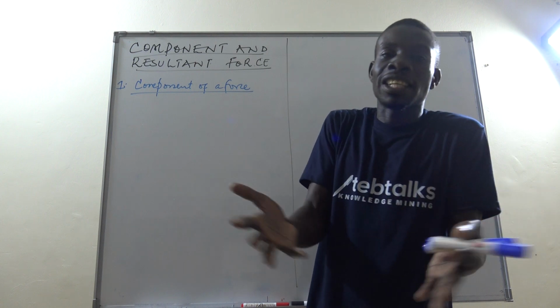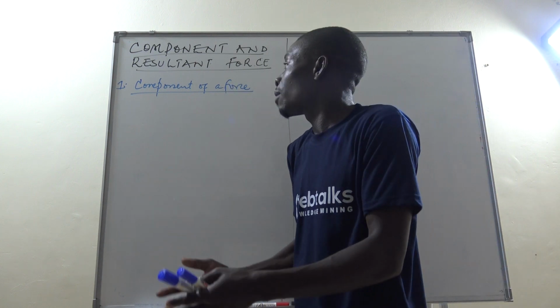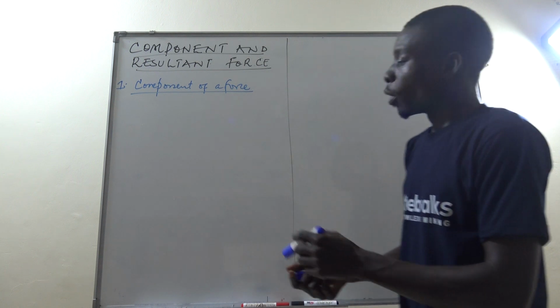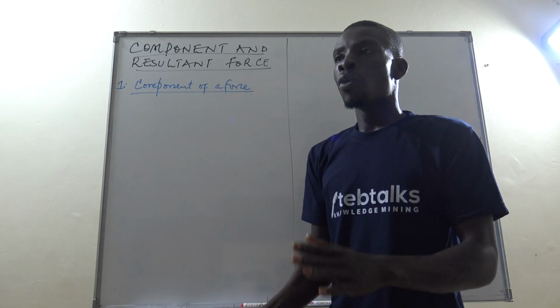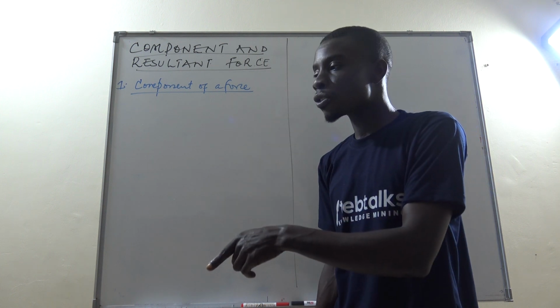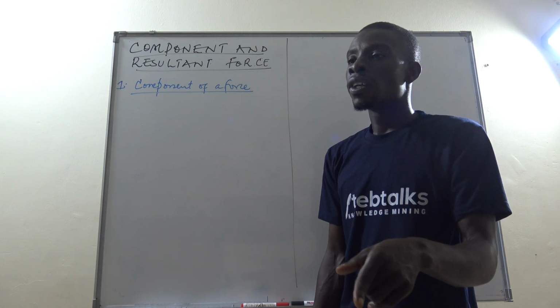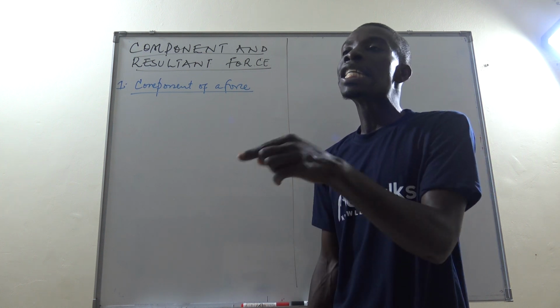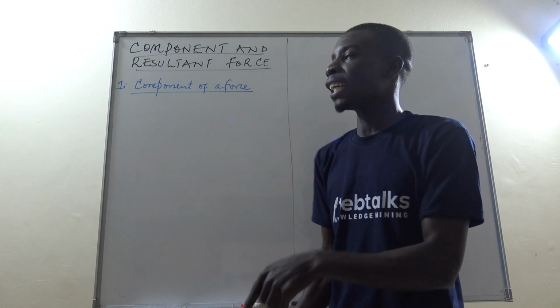So now, if forces have some parts, what do you understand by the word component of a force? If we are talking about component of a force, we are basically meaning that a component of a force F is the effect of a given force in a given direction.